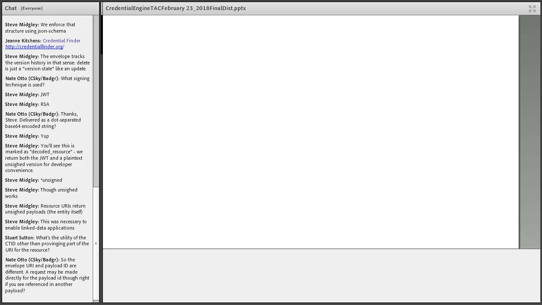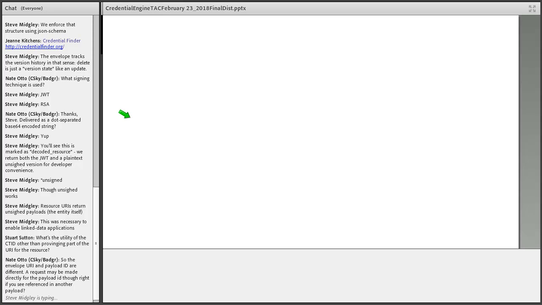The CTID is concatenated onto the namespace to provide the URI for the resource. Some might wonder, are there other uses of the CTID? What's the CTID for? Why is it in the payload as opposed to just being the URI? Is it used elsewhere in the system?